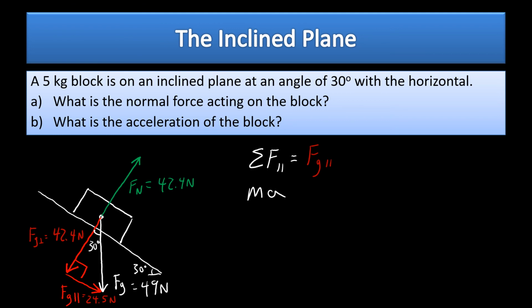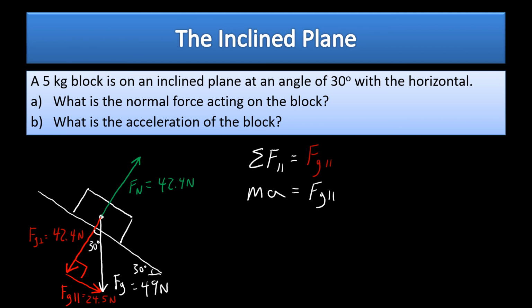So you could do that instead. So this will either turn into 0 or ma because of Newton's second law if the forces are unbalanced. So ma is equal to, and I'm just going to call it 24.5. I'll get rid of the red ink to keep it simpler. And actually, before we plug in numbers, let's make a nice equation here.